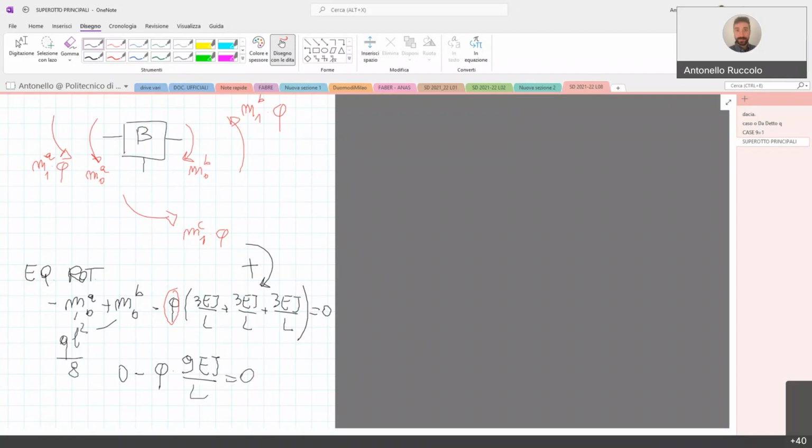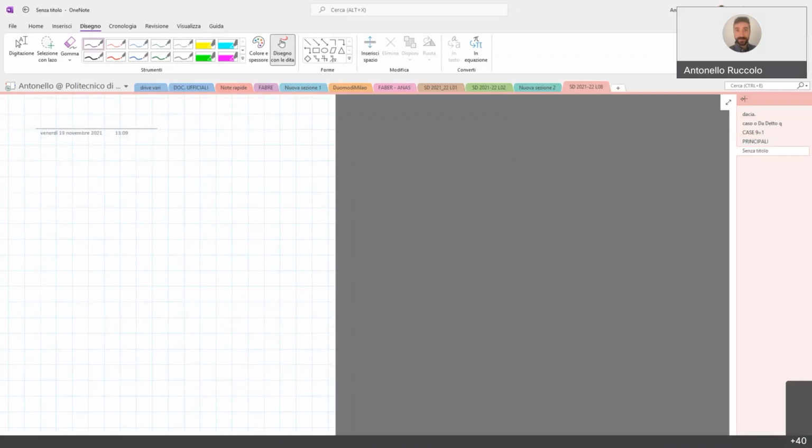Obviously, this means phi is equal to 0. Okay? Because we have phi multiplying something equal to 0. So it means that our structure has no rotation. Well, this is no surprise because the structure was symmetric.